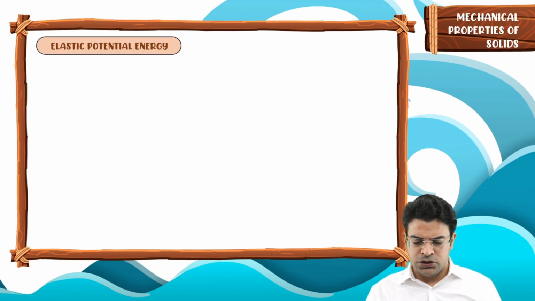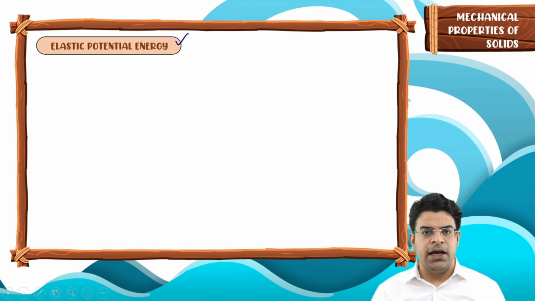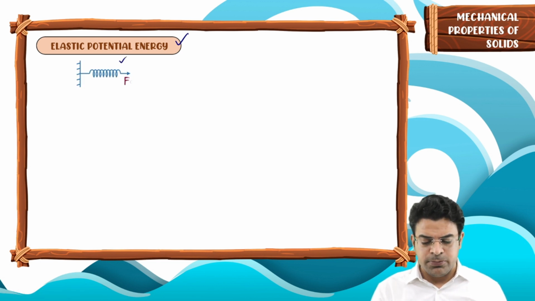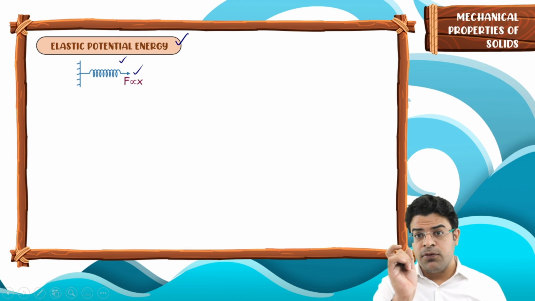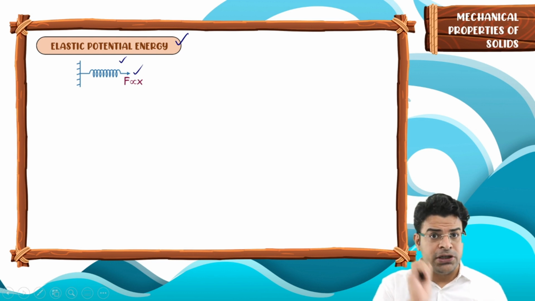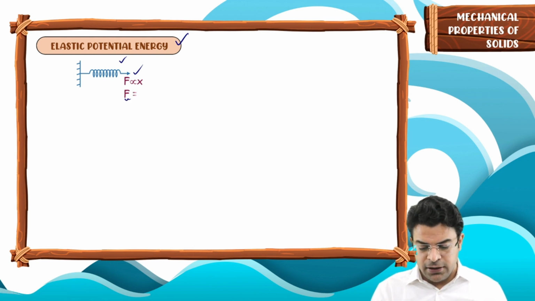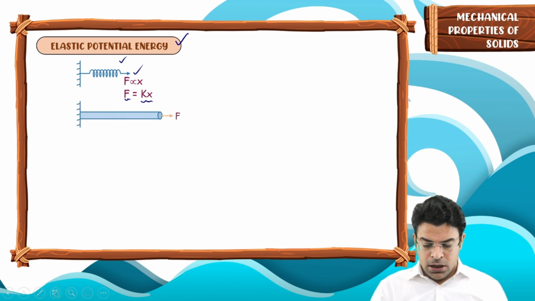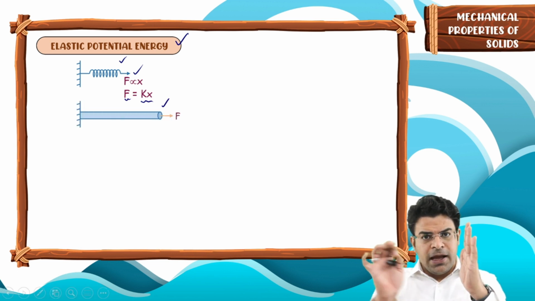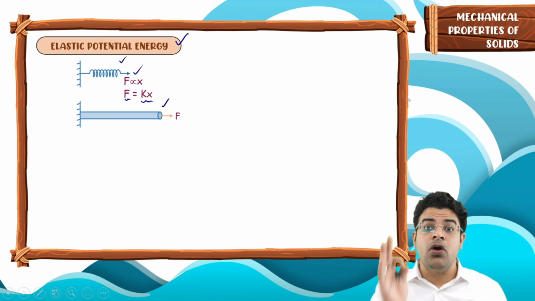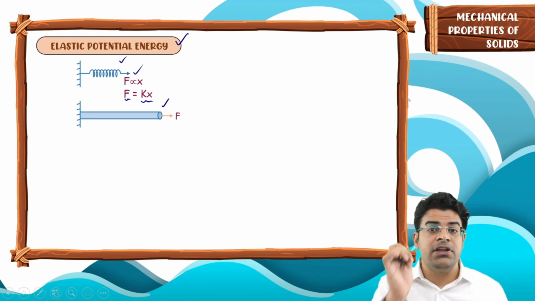Moving on, let's talk about elastic potential energy. So if you have a spring and you apply a force, you know that the force is directly proportional to the deformation in the spring, and you know that F equals kx. Now, if you have a rod and you apply a force, this case can also be correlated with the case of spring.